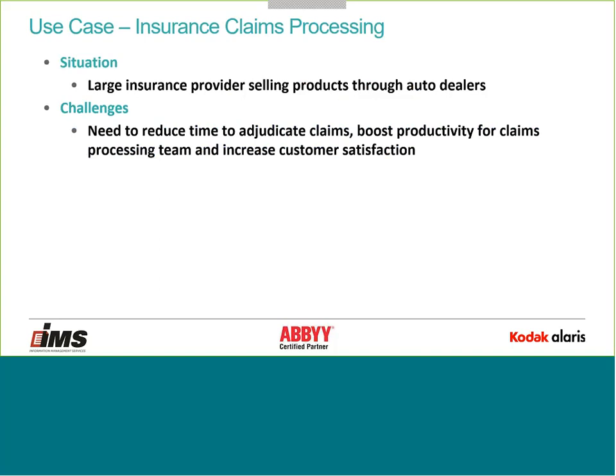So they found the need to reduce the time for adjudication of claims because their claim volume with their business volume was growing so quickly. And they wanted to boost the productivity of their employees because they couldn't add staff quickly enough for the amount of growth in their business.